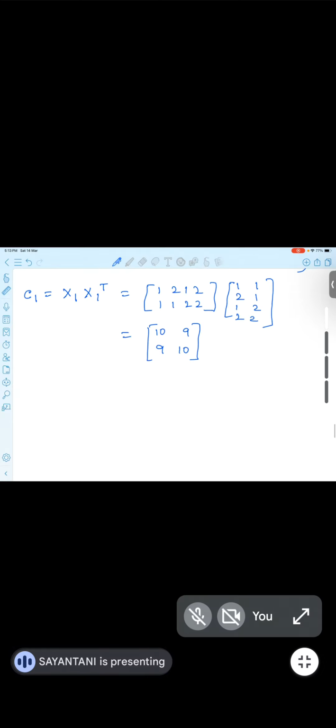Now what you have to do is normalize C1. There are different ways of normalizing C1. Under normalization, first you have to calculate the trace. So what is the trace of this matrix? 10, 9, 9, 10? Yes. What is the trace of this matrix?